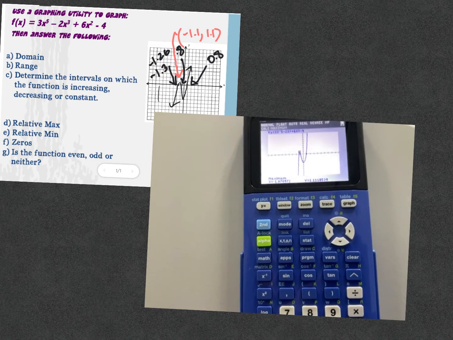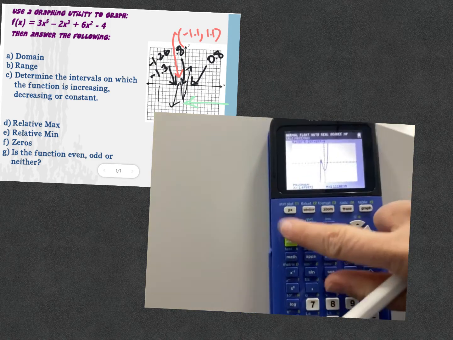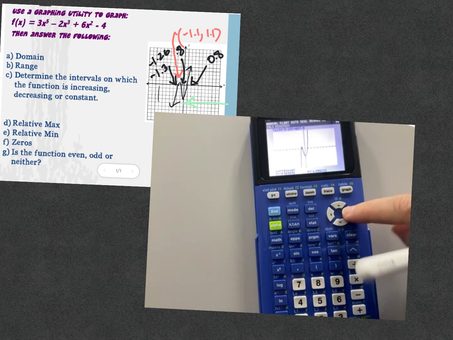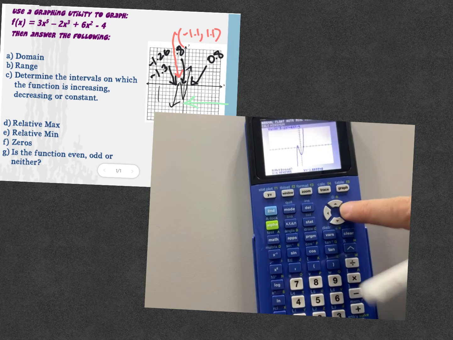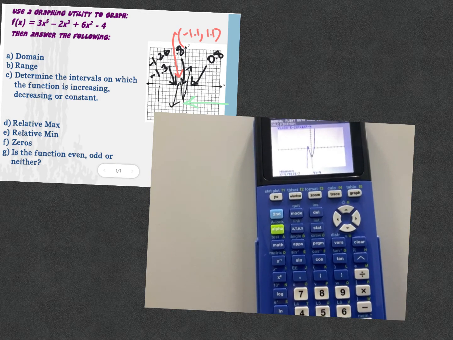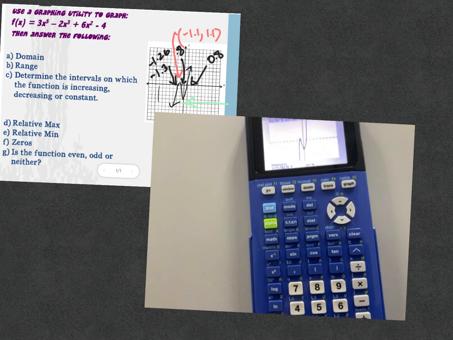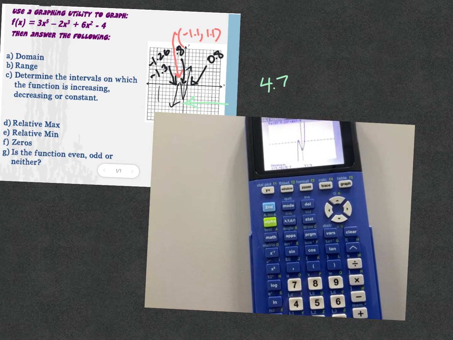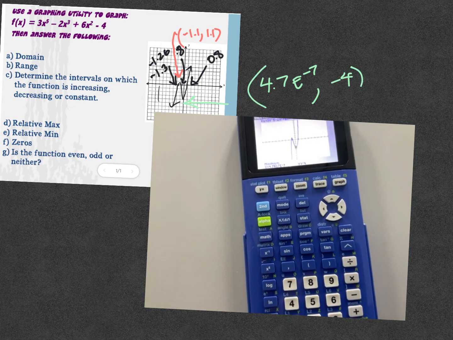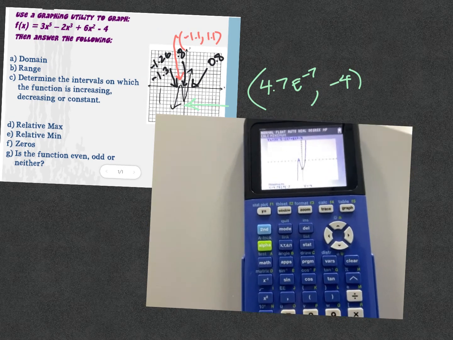And then the bottom point, or the min: second, trace, min, go left of it, go right of it, and I get that point is, now that says 4.7 e to the -7th and -4. What does 4.7 e to the -7th mean?